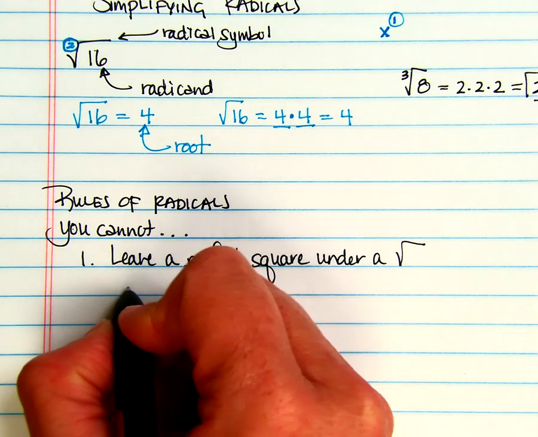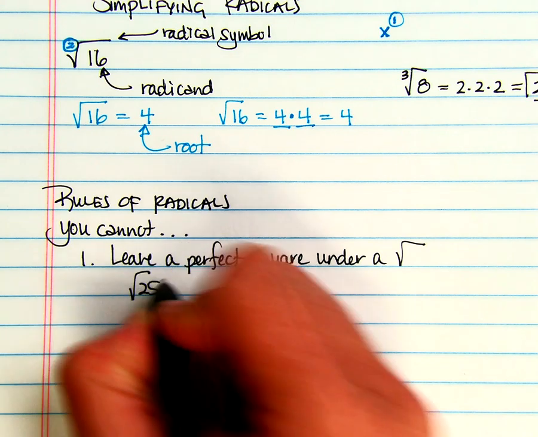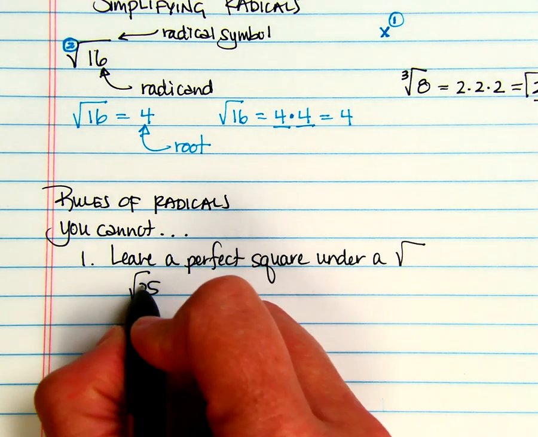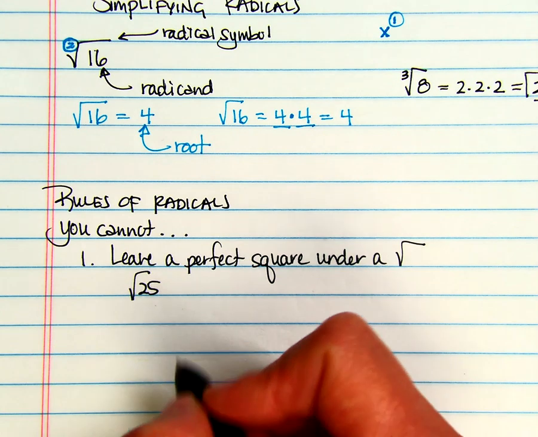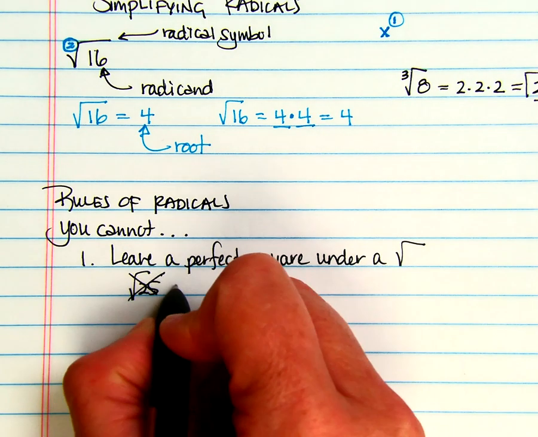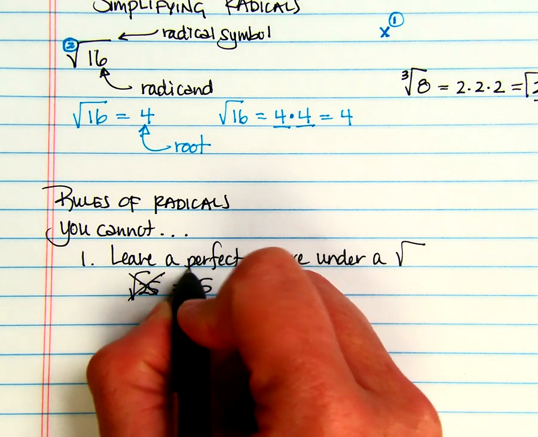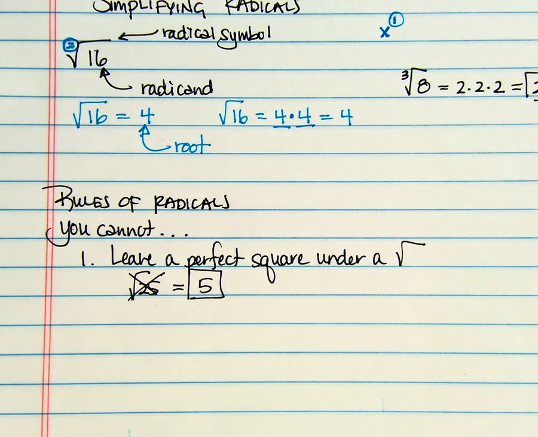So I could not leave my final answer as the square root of 25 and box it because it's not simplified. 25 is a perfect square, so you would have to go one more step and tell me that the answer is 5.